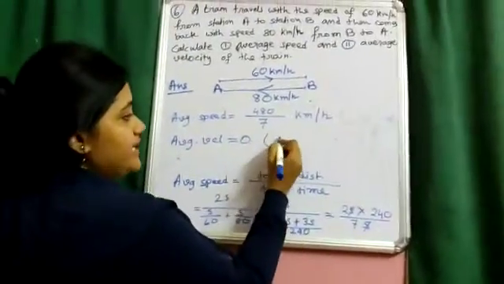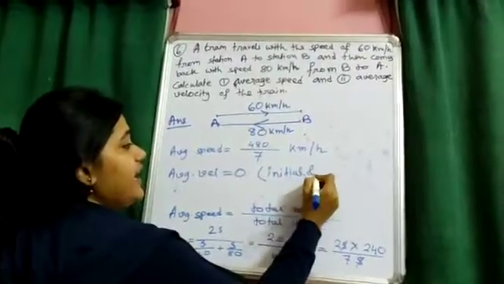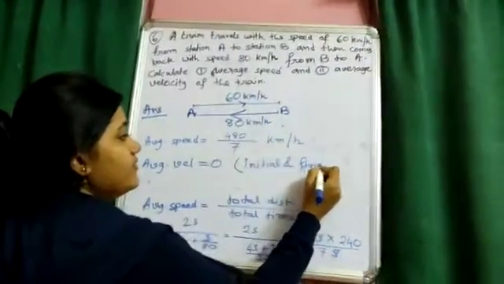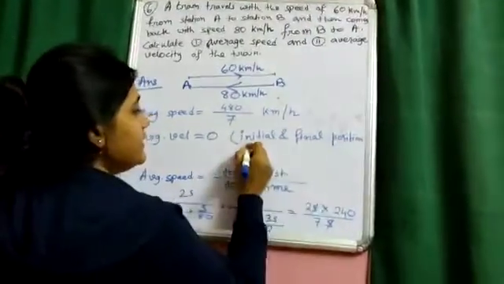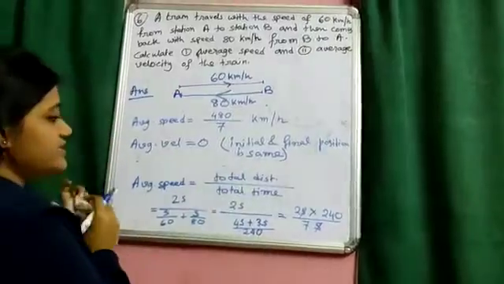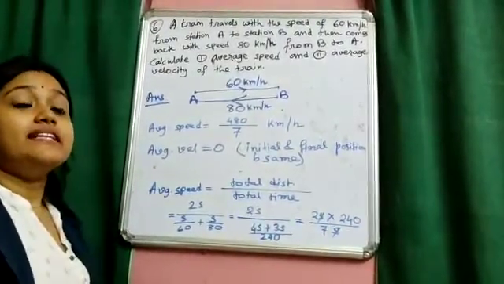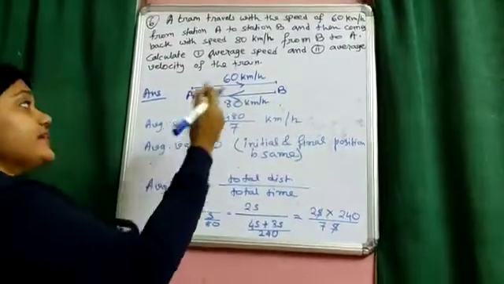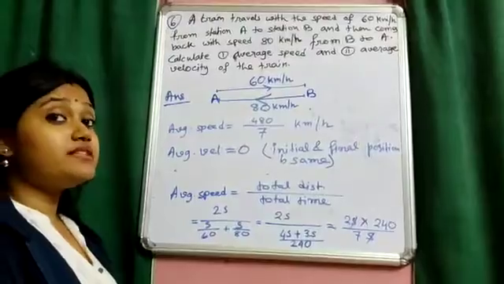Why? You need to write it down: since the initial and final position is the same, that is, the train came back to its original position, therefore the displacement is 0.